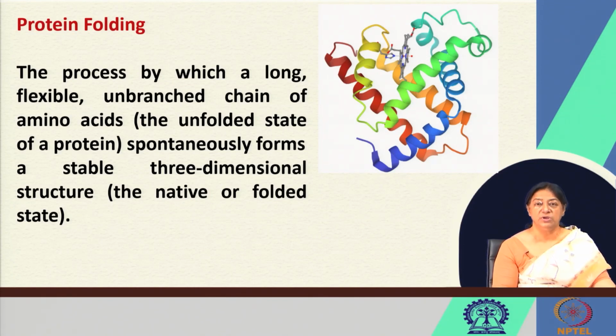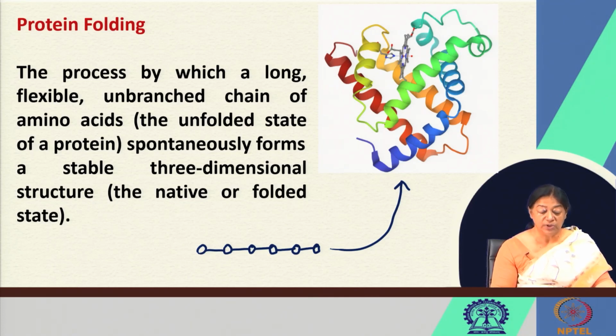Now, what is protein folding? We have this long chain of amino acids that are linked to each other by peptide bonds. Now, this forms a three-dimensional structure, so there is a process involved, and this process is called protein folding.